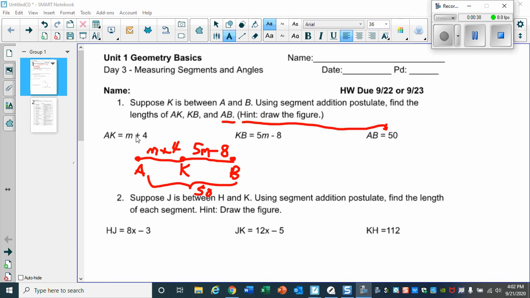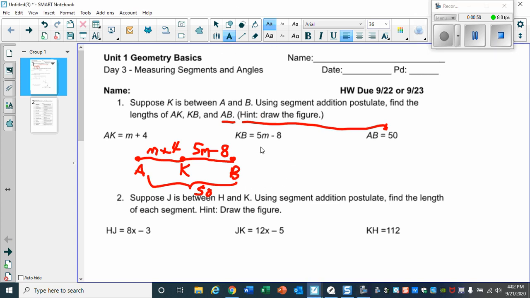Now they've split it up where A to K is represented by the expression m plus 4, and K to B is represented by the expression 5m minus 8. The rule is that when you take AK plus KB, that overall sum is 50.